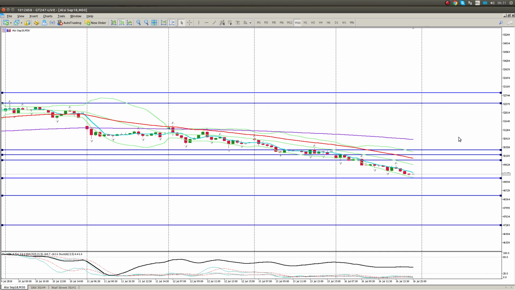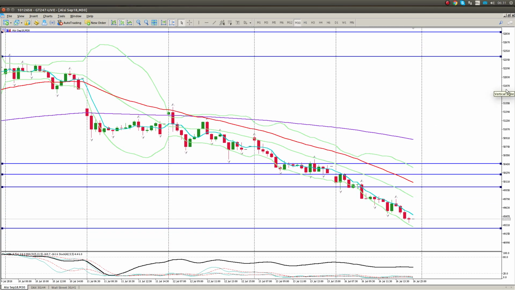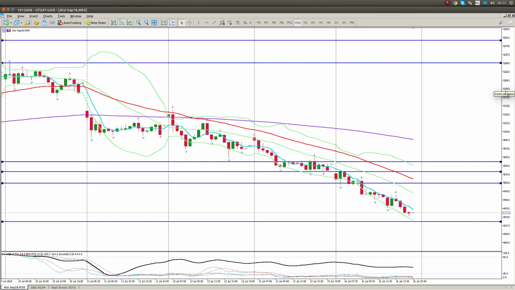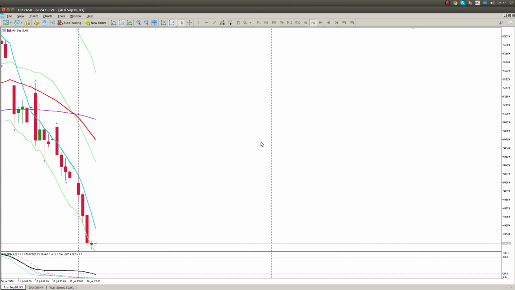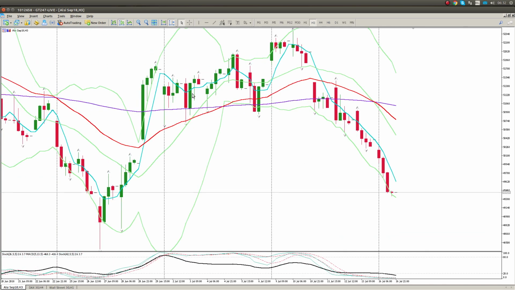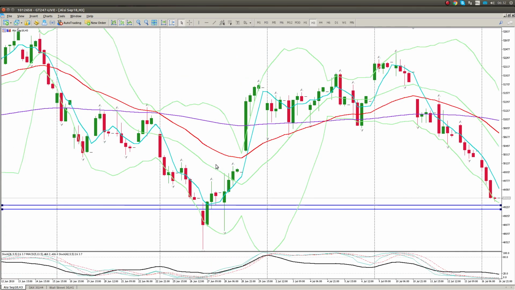Okay, now what I'm going to say today is we're going to have to watch these levels, but these levels are pretty big, and I think what we want to do is just get down to, I'm going to do something a little bit different here. So we're going to look back at the 3 hour, because I often find the 3 hour gives us some indication of what's about to happen.